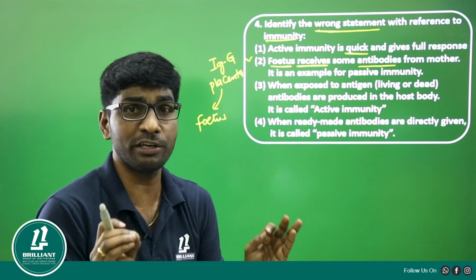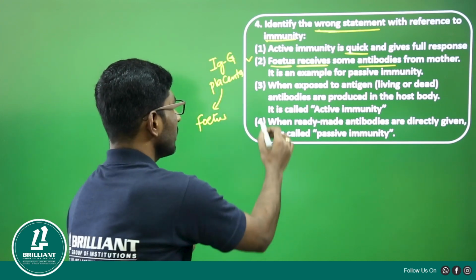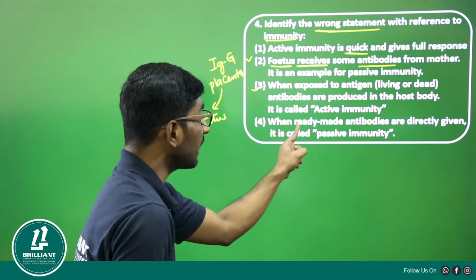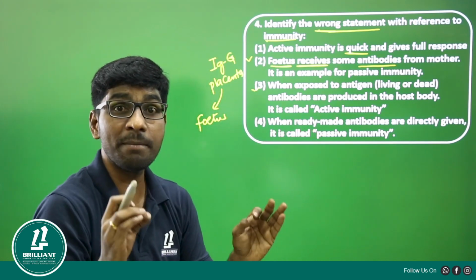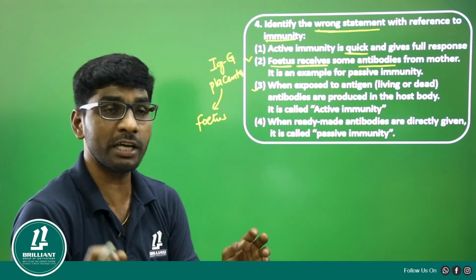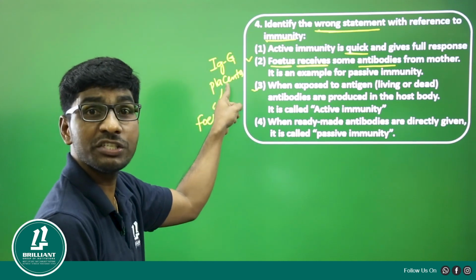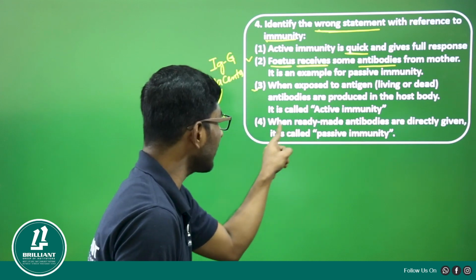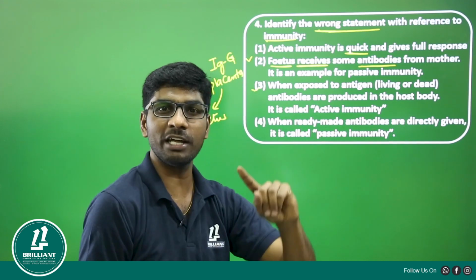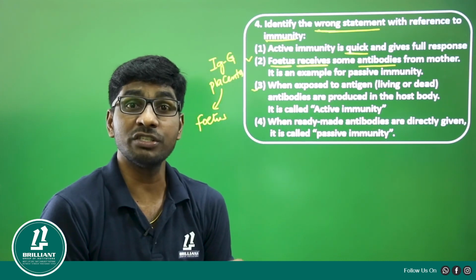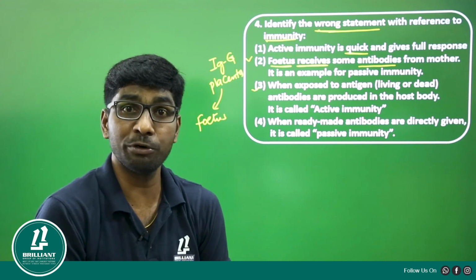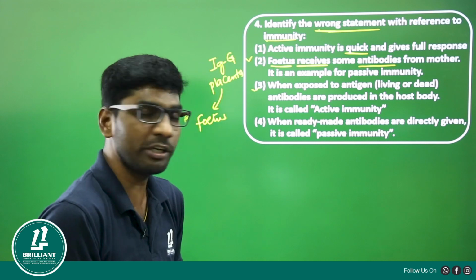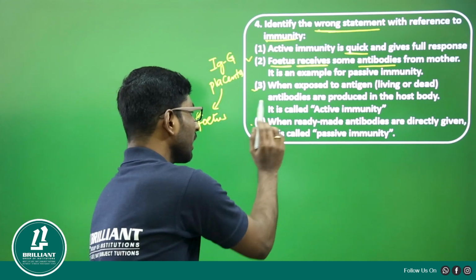It is a very, very slow process. Fine. So this statement is also correct. Look at option 4. When ready-made antibodies like IgG, IgA are directly given, it is called passive immunity. Whenever we are injecting direct ready-made antibodies into the individual, it is called passive immunity. It is right. This statement is also correct.